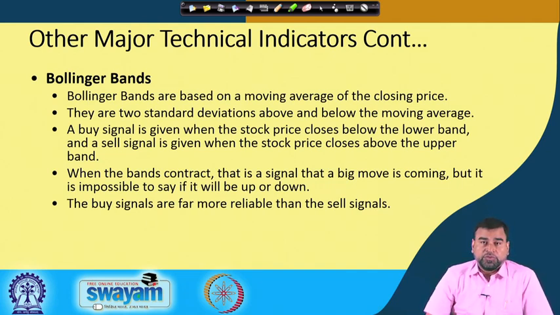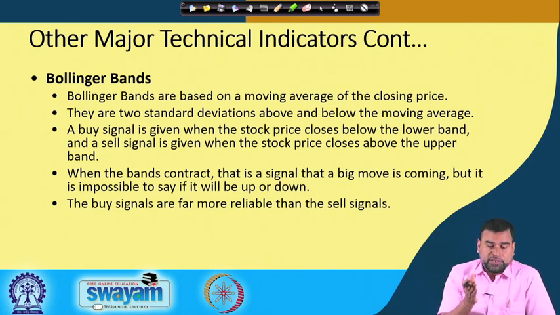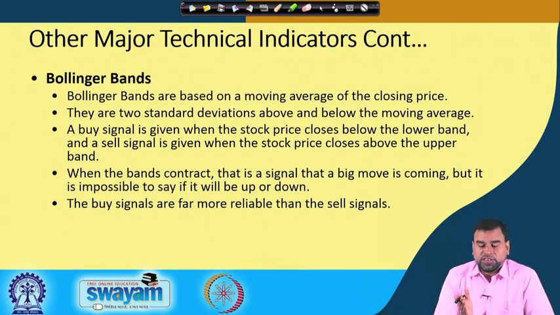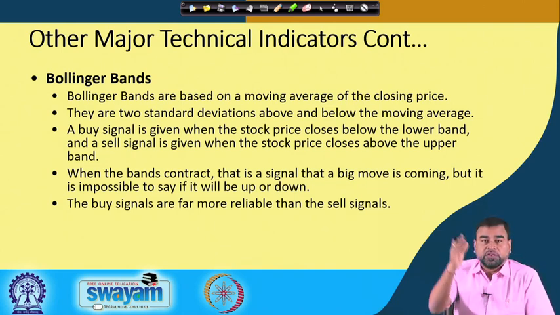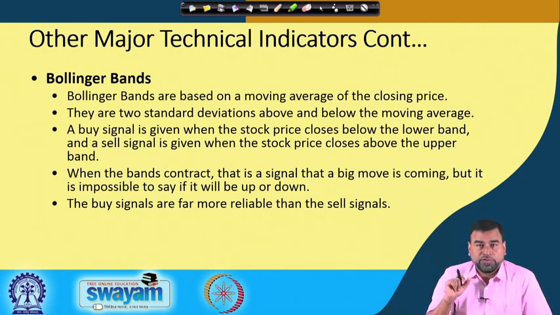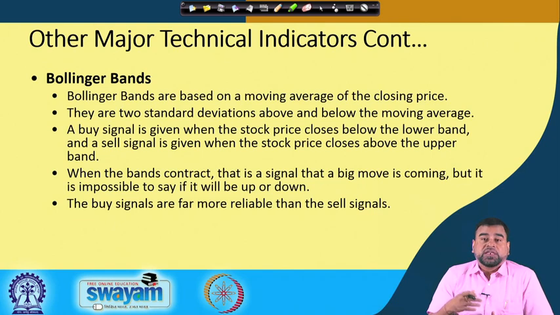The fluctuation can go up to 2 sigma, and if the price closes above the upper band, that means further increase is not expected, then we should sell the stock. And if the stock price closes below the lower band, that means we should buy that stock, because there is a possibility that the stock price will go up.